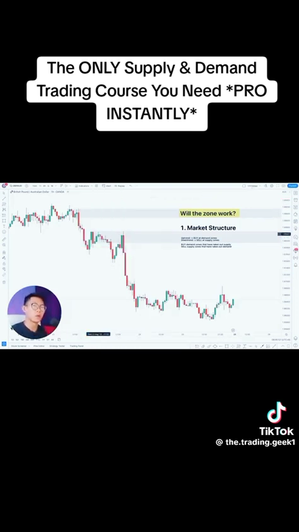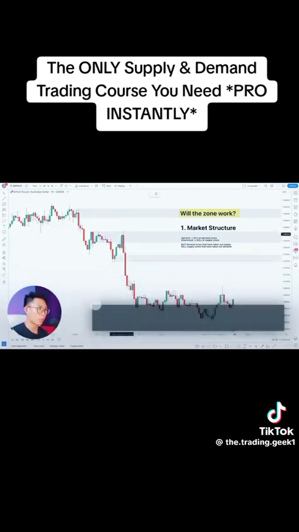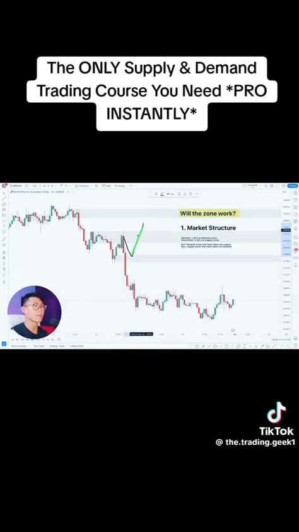But if, let's say you are stubborn and you want to buy in the downtrend, you need to buy at those demand zones that have taken out supply. So what I mean by that is, let's say there's a demand zone somewhere right around here. The only time you can buy over here is when price has actually broken past this supply zone. It all comes back down to market structure, guys. If price breaks out of this supply zone, this tells us what?